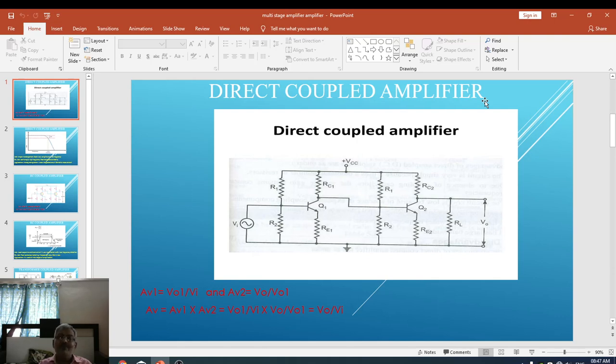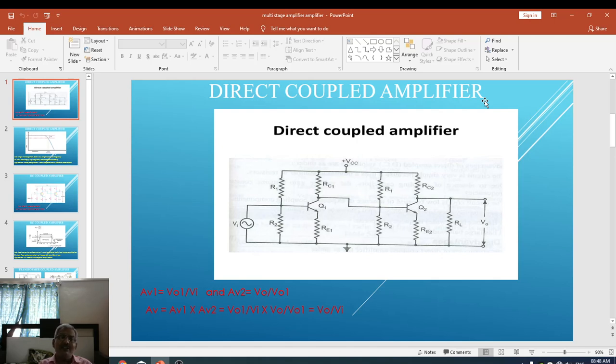Meaning thereby, the output of the first stage is given as the input of the second stage directly. That is the reason why it is called a direct coupled amplifier.